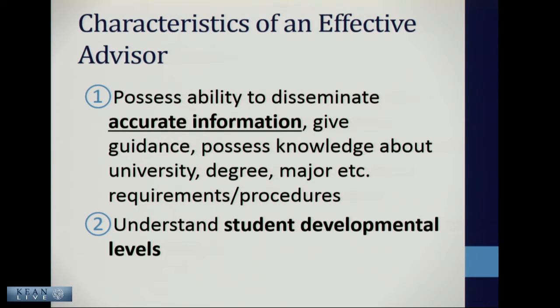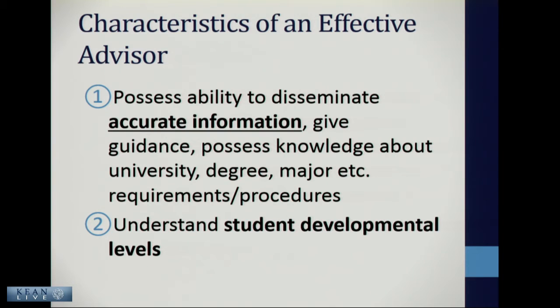So some of the characteristics of an effective advisor, and Dave and I listed 7 based on previous research, are, really 7, okay? Possessing the ability to disseminate accurate information. So if I get a question that I don't know the answer to, I try not to guess, because I would rather find the correct information and provide accurate information to the student.